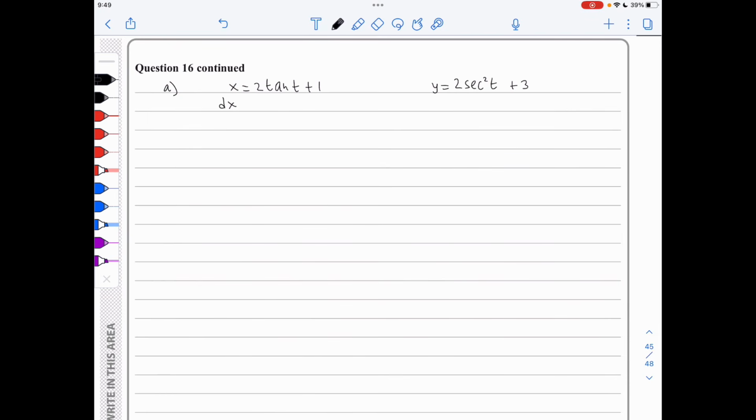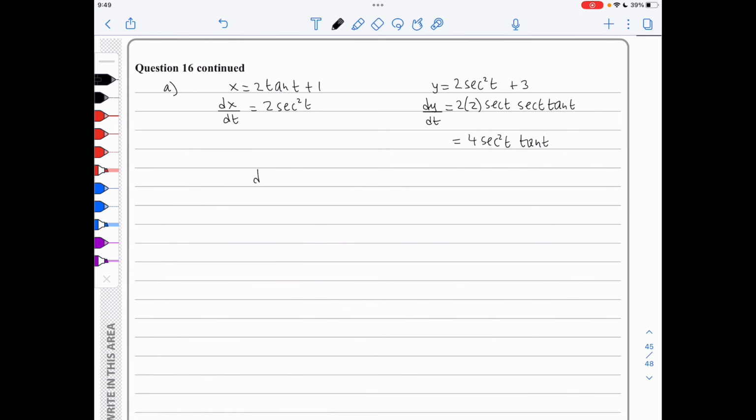So dx/dt is 2 sec squared t, and dy/dt is 2 times, get the power down, deduct 1 to go to sec t, times the derivative of sec, which is sec t tan t. So this is 4 sec squared t tan t.